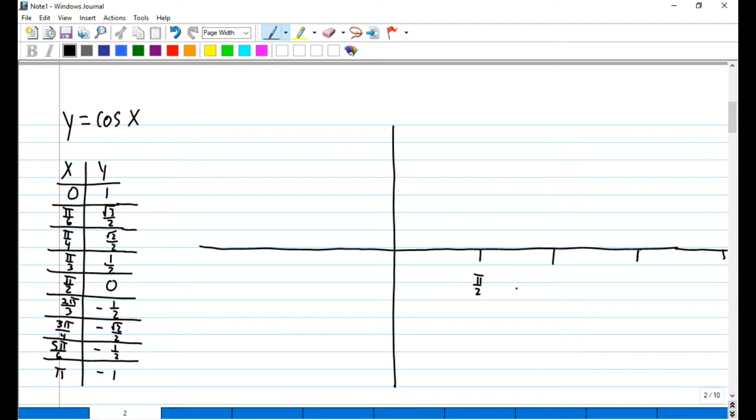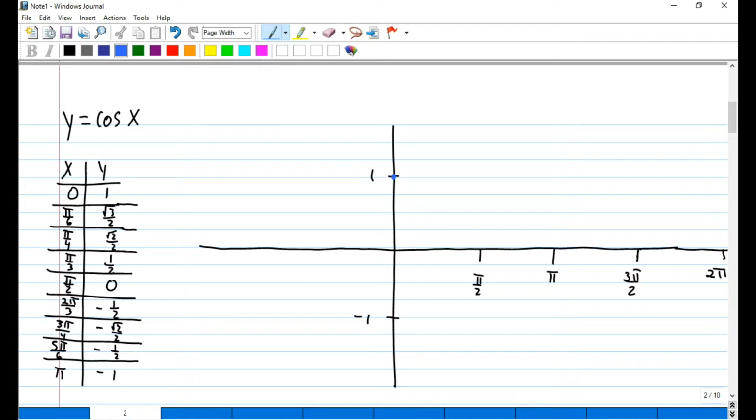I'm not going to label every point, but I'll label a couple of these. Let's say that's my high point, that's my low point. Now, cosine, instead of starting at 0, 0, cosine starts at 0, 1.